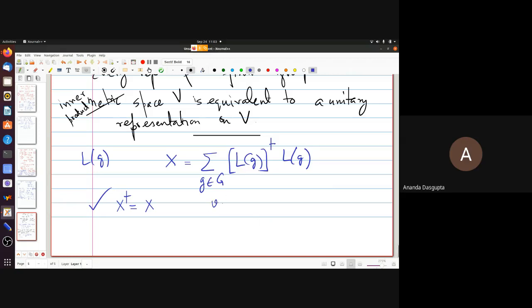Also, if V is not equal to 0, for all non-zero V, VXV will be what? Can anybody tell me what this is going to be? What can you say about this? Not equal to necessarily, but what can you say about VXV?